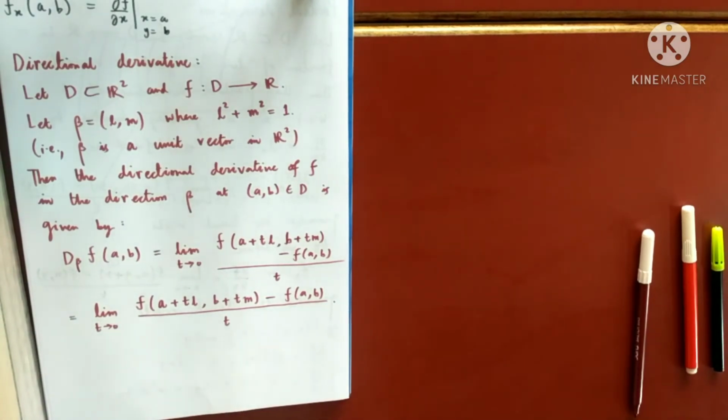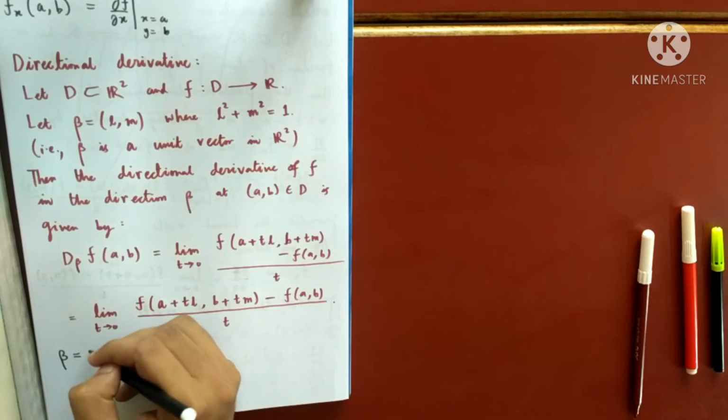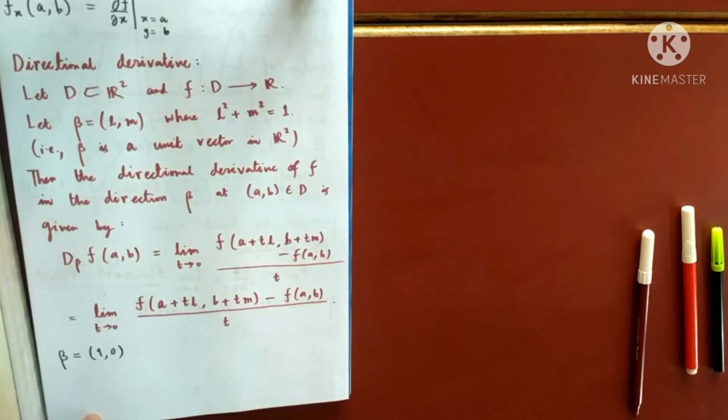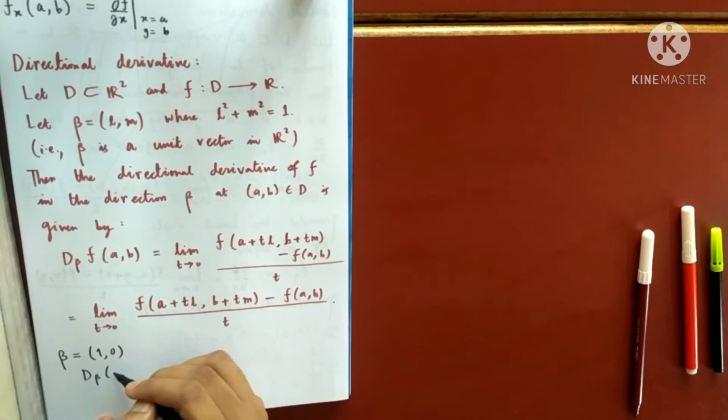Okay, so now you see that the concept of this directional derivative is more general as compared to partial derivatives, because when you choose this direction beta equals to 1 0, if I find out the directional derivative in this direction 1 0 at some point x comma y, what is this?